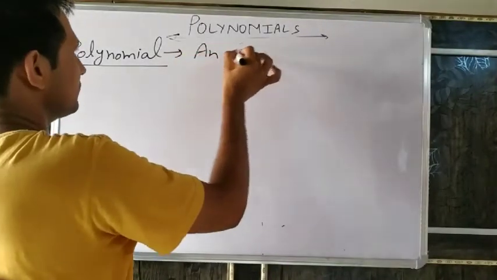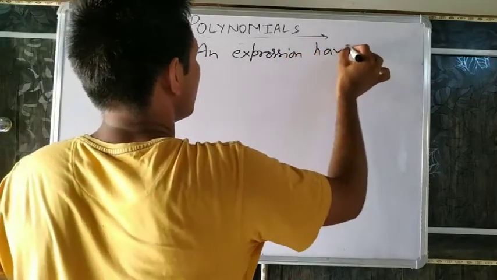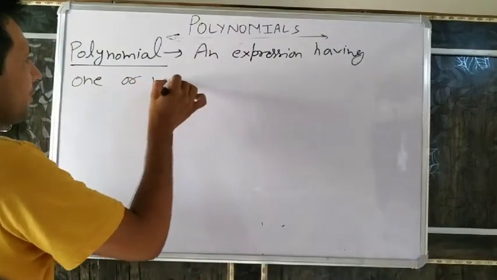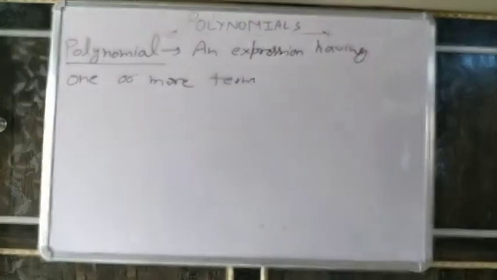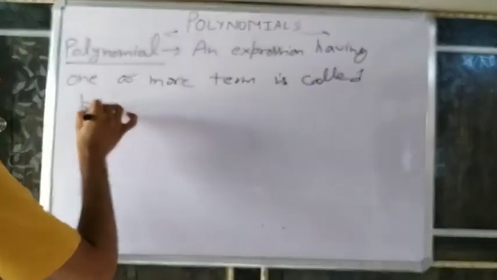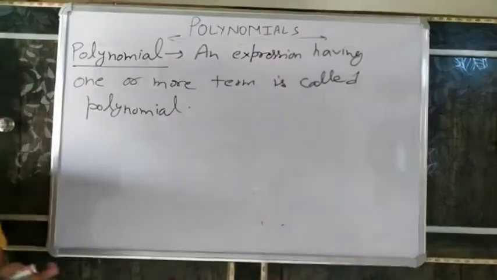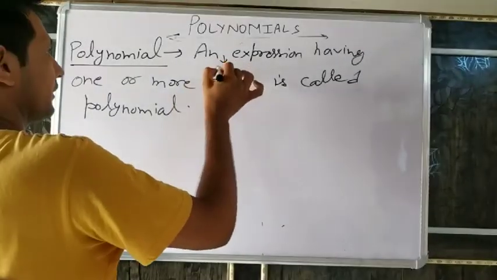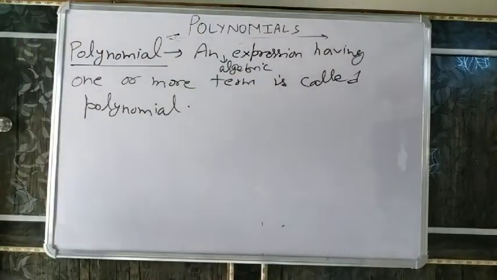What is a polynomial? An expression having one or more terms is called a polynomial. Any algebraic expression having one or more terms.